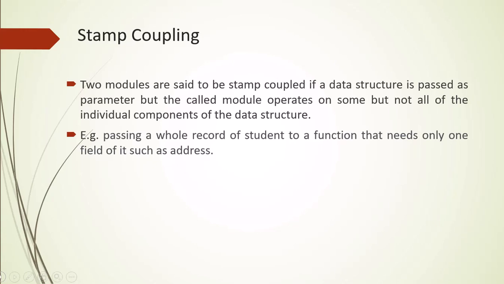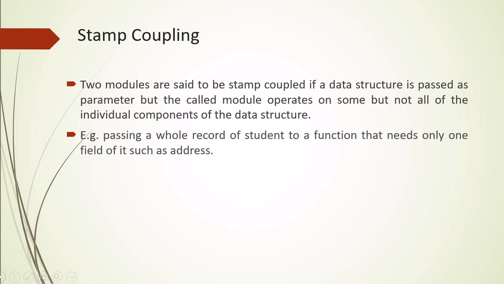Stamp coupling. In stamp coupling, two modules are coupled such that a data structure is passed as a parameter, but the called module operates on some but not all of the components of the data structure.